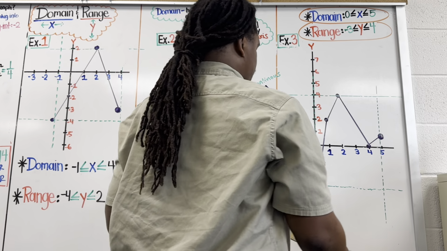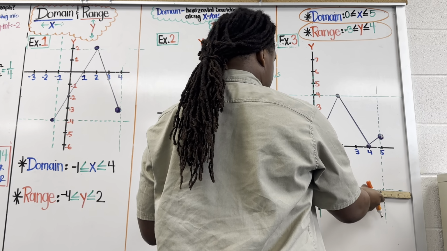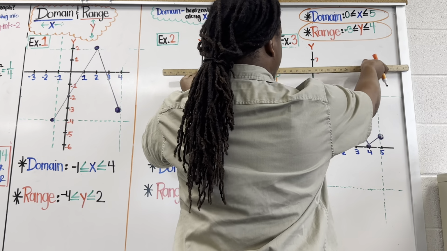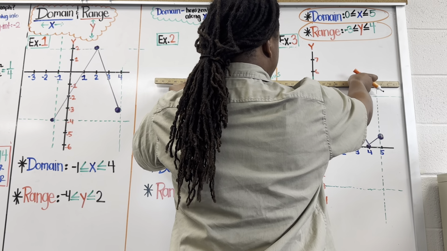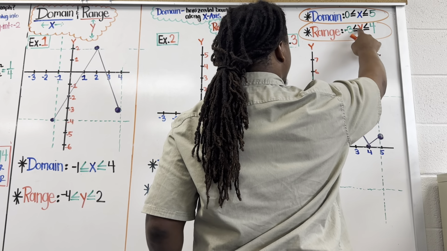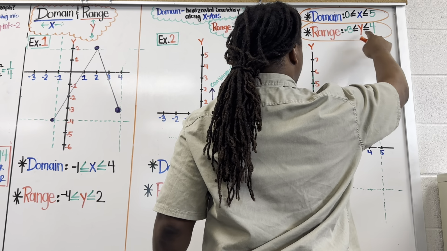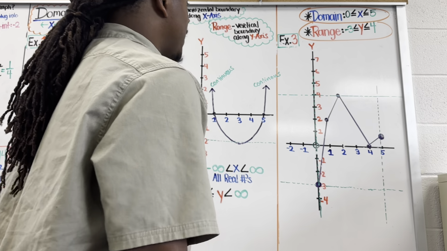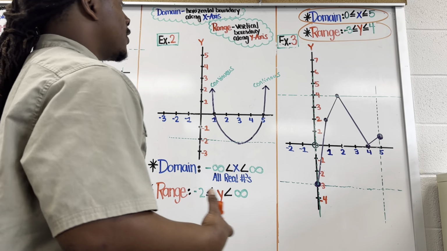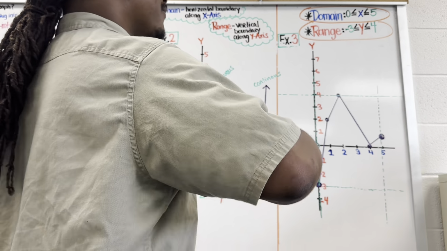For y, the least y value is -3, and the greatest y value is +4. So y is greater than or equal to -3 and also less than or equal to +4. This is how we find out the domain and the range of a function, which is the horizontal boundary and the vertical boundary.